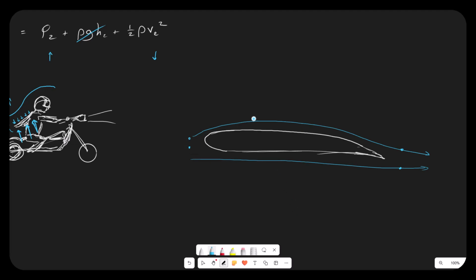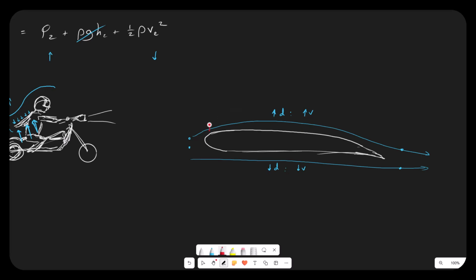So this top particle travels a longer distance. The bottom particle travels a shorter distance, and they do this in the same amount of time. If the top one travels a greater distance, that means it's got a greater speed. Bottom one's lower distance, lower speed. Now we look at pressure.